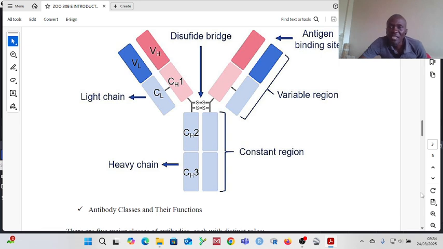The antigen binding site is at the tip of that Y structure. Then you have the hinge regions, which are the disulfide bridges. Okay. So that is the structure of the antibody or an immunoglobulin.